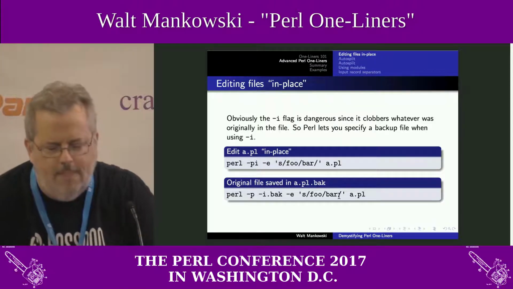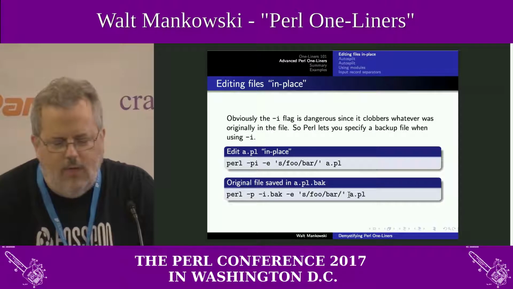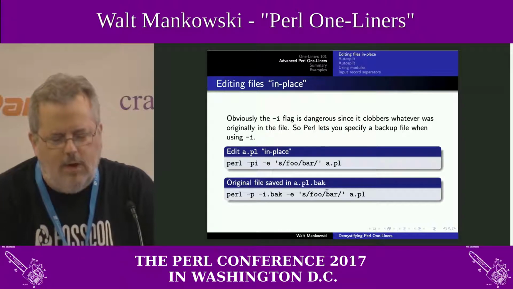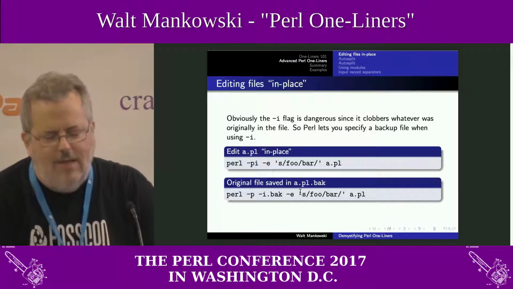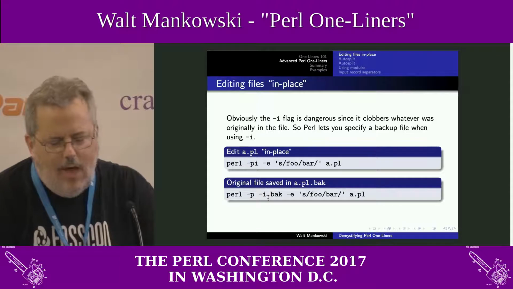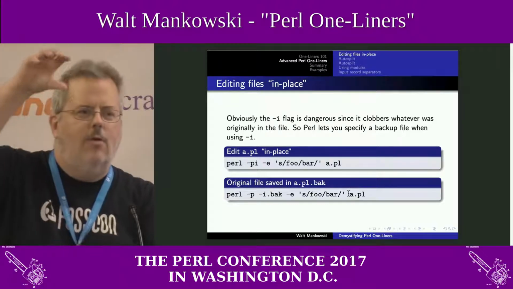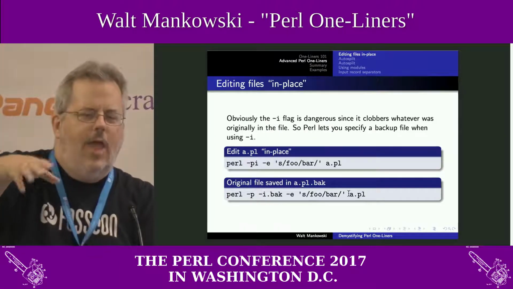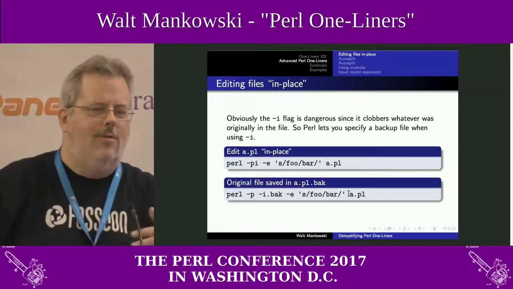So in this case, the original a.pl is going to be renamed to a.pl.bak, because there's a .bak after the i, and the resulting a.pl will be the new file, if that makes sense.